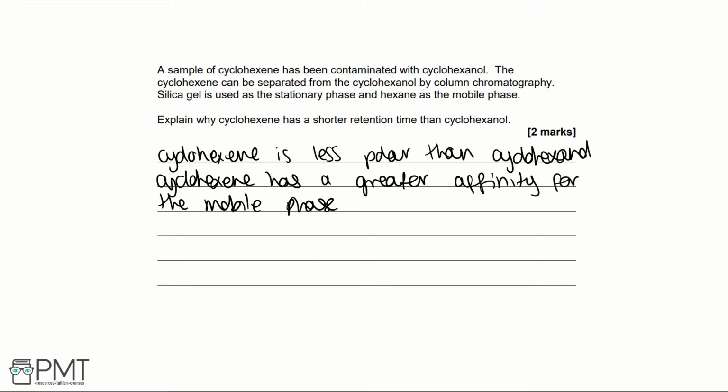Alternatively, you could have said that cyclohexanol is more polar than cyclohexene. Either would get you the 1st mark for this question. And then you get your 2nd mark from saying that cyclohexene has a greater affinity for the mobile phase, or for hexane. Or you could have said that cyclohexanol has a greater affinity for the stationary phase, or silica.